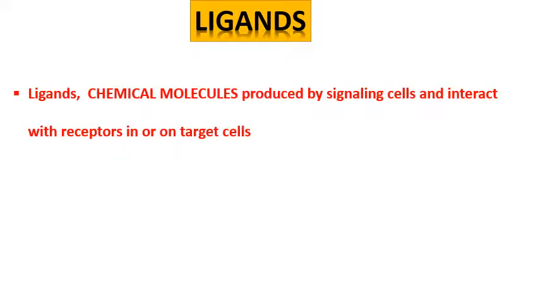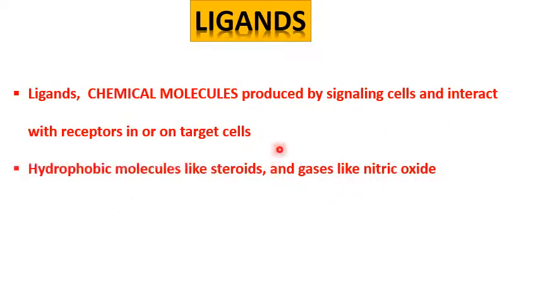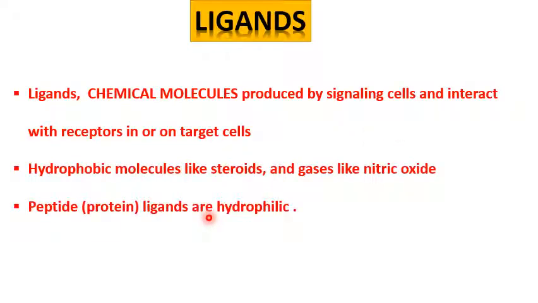As we know, the producer cell produces certain chemical molecules which are called signals. These signals, or the chemical molecules which are produced by the producer cells, are called ligands, and these ligands are hydrophilic in nature or hydrophobic in nature.